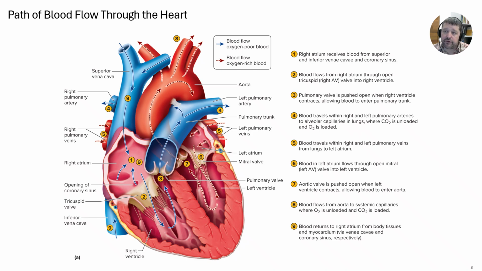If you call it deoxygenated, you might think there's no oxygen in it, but it often does have oxygen. It's just a poor oxygen level and high carbon dioxide level. It's coming back from either the inferior vena cava or the superior vena cava, and it will enter the right atrium.